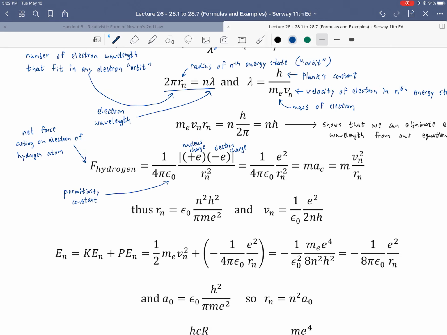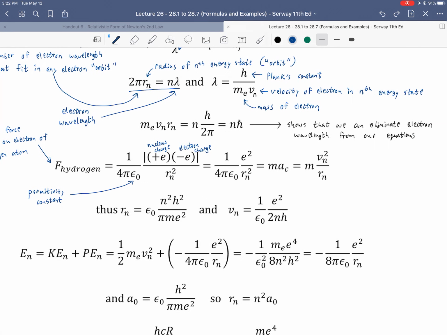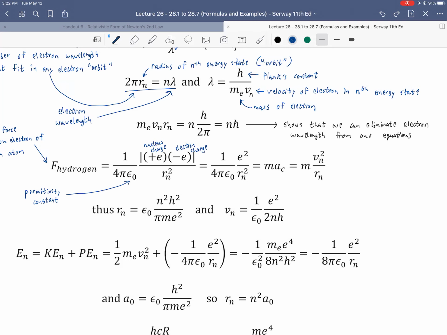Since it's the Coulomb force, and the Coulomb force is inversely proportional to the distance between the charges squared, that's what we're seeing here. This is the distance between the charges squared, so this is just the radius of the nth orbital state, or energy state. This cleans up as just e squared. Everything else we already know.